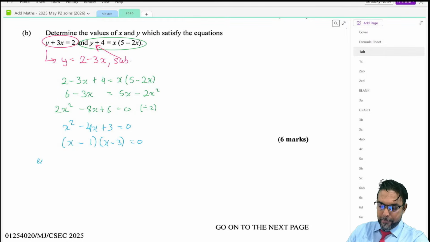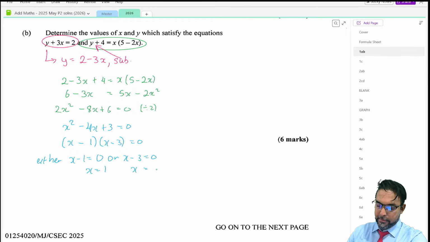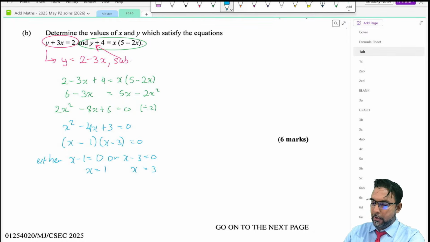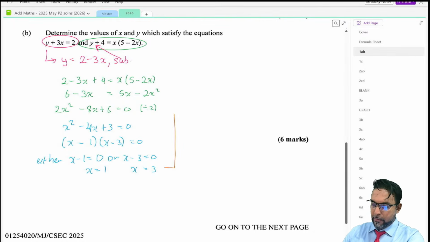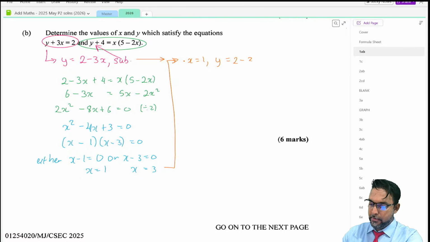In which case either x minus 1 is equal to 0 or x minus 3 is equal to 0. In which case x is equal to 1 or x is equal to 3. Okay, cool. So now to solve for y, when x is equal to 1, y is equal to 2 minus 3 by 1, which is minus 1.